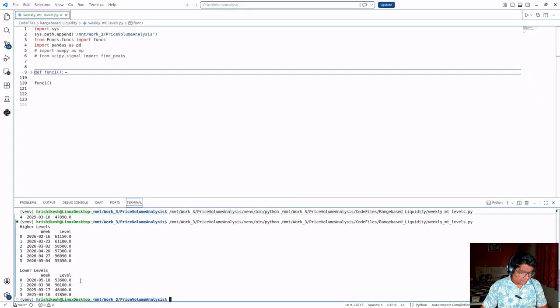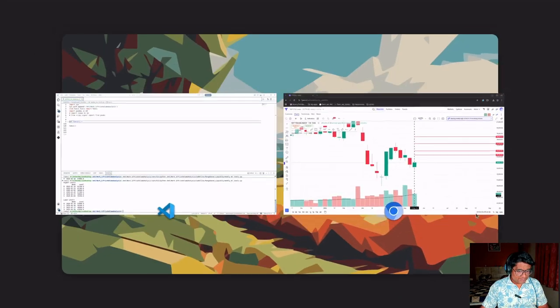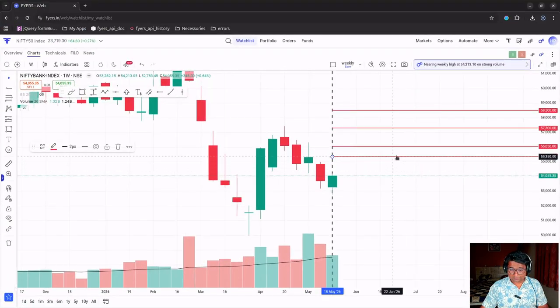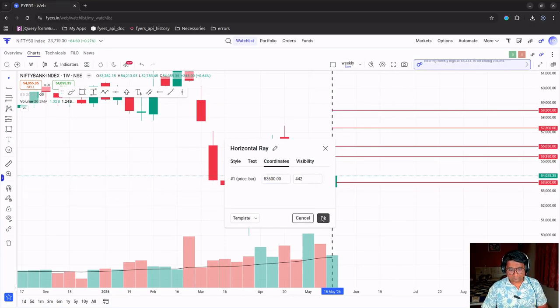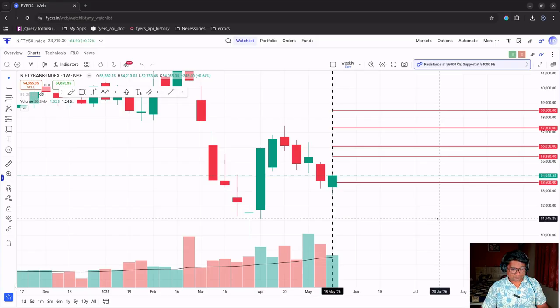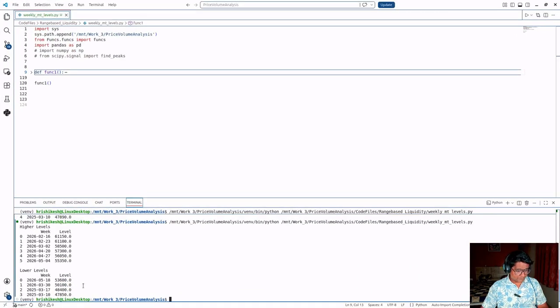Let's get the levels for downside. 53,600. 50,100.